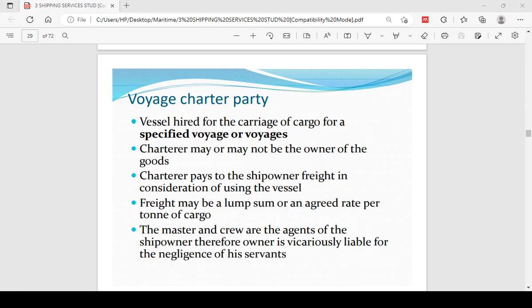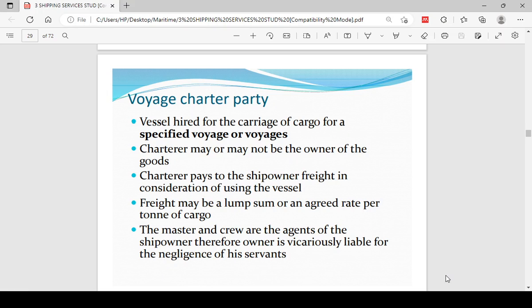So we say that he is vicariously liable. That means he is liable without fault for the omissions and commissions of his employees. The master and crew are the employees of the ship owner, not the charterer, even though they are carrying his cargoes.